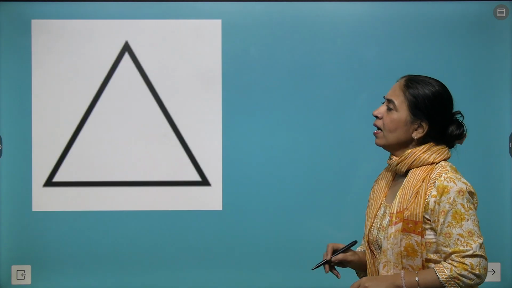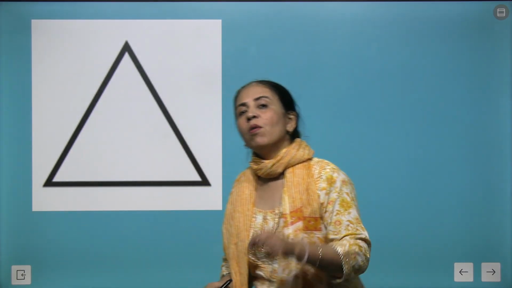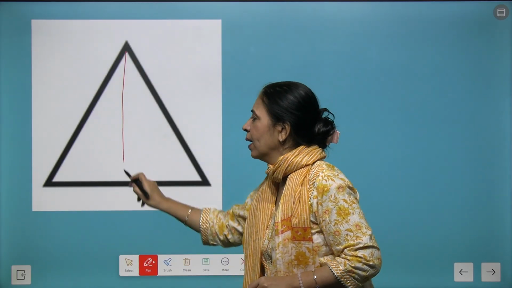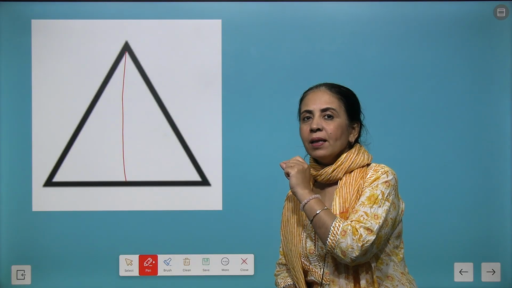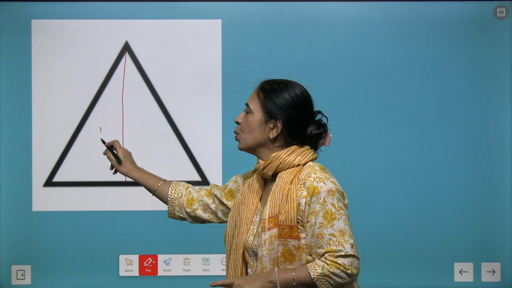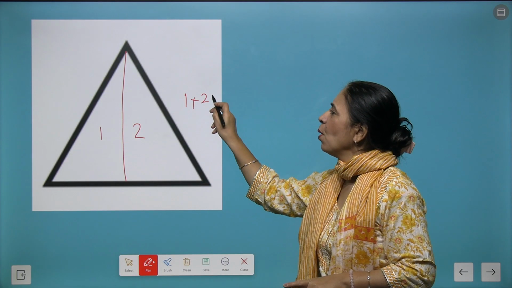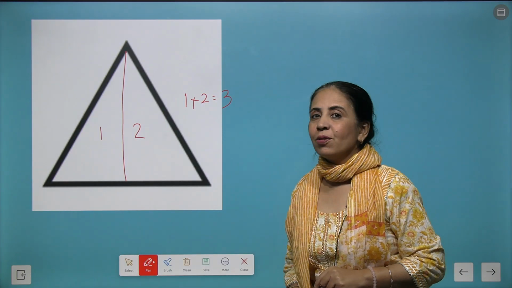Now taking a step ahead, if I have a triangle and if I make one vertical line on this triangle, we have to tell how many triangles there are. You said 2. No, I will write 1 and 2 here, and we got the sum of 1 and 2. We get 3, and there are 3 triangles.